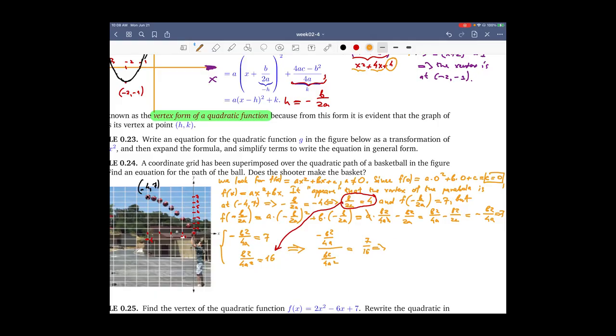Now if you do the algebra, it'll be −b²/4a times 4a²/b², which is exactly −a, and that is 7/16. So a is −7/16.